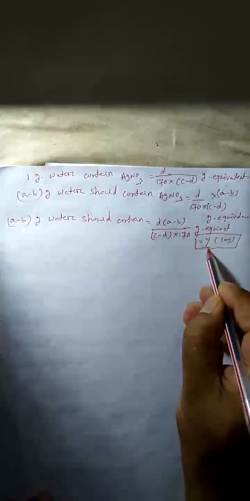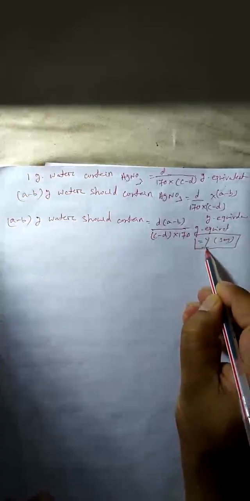That means this much amount should remain, but what remains is only x gram equivalent. That means some silver ion migrates from the anode compartment to the cathode compartment.